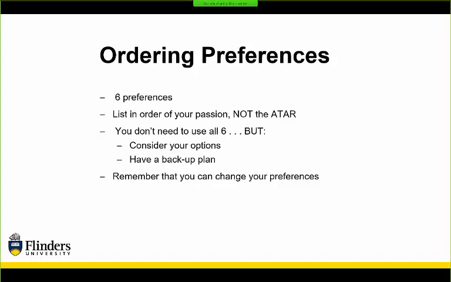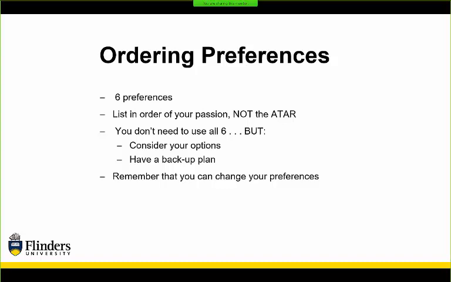You do not need to fill all of the 6 preferences, but we always ask that you have a backup plan in place. So that's things like, as I mentioned, with your engineering science, using that as a pathway into a specialised engineering degree. Or if you don't think you'll get the ATAR to get into a higher level allied health like occupational therapy or optometry, then we can always recommend for you some backup options and pathways into the degree you want.